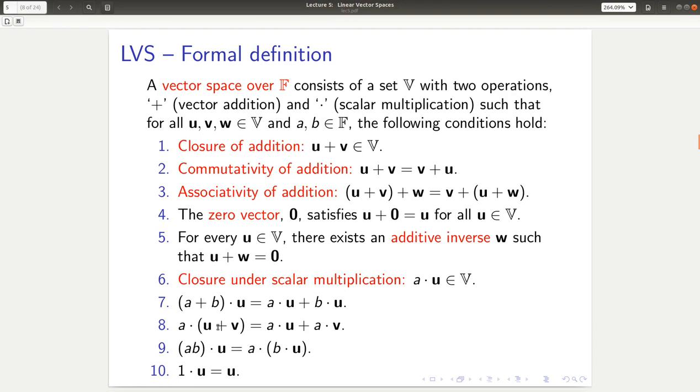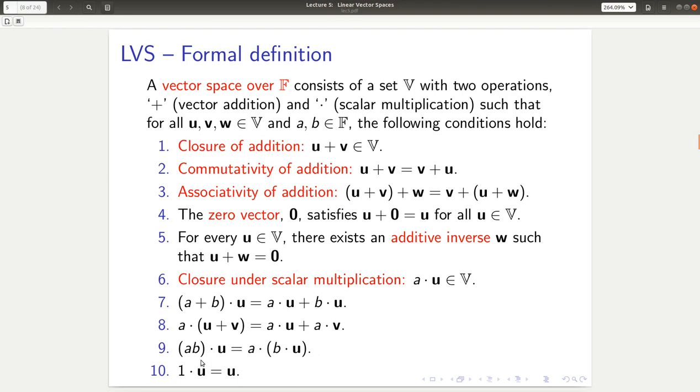A similar thing: it distributes scalar multiplication over a sum. Here the plus is vector addition, so you add u plus v and then multiply with the scalar a. Here you first multiply with a on both and then add. Similarly for the product ab, you can multiply the scalars and then multiply with u. That is equal to doing it sequentially: first b with u and then a with u.